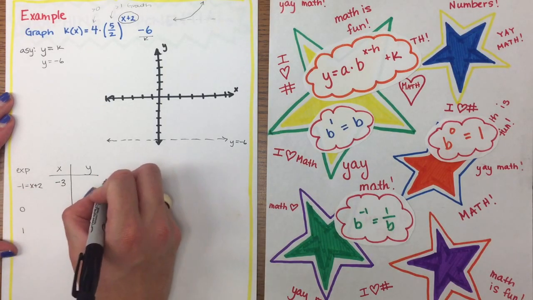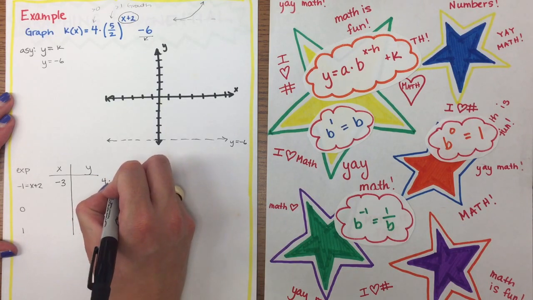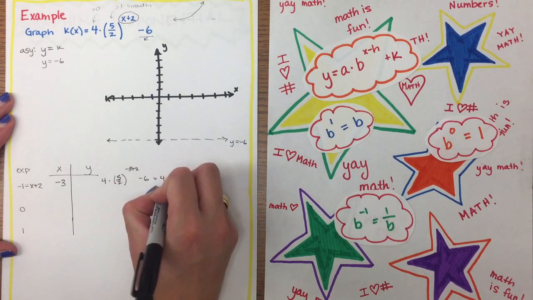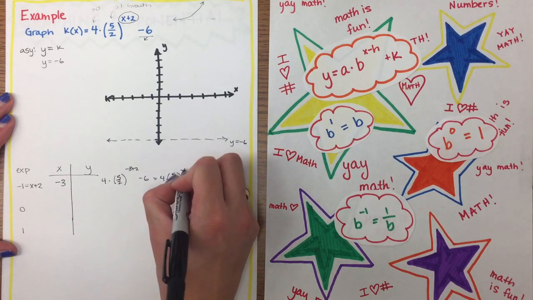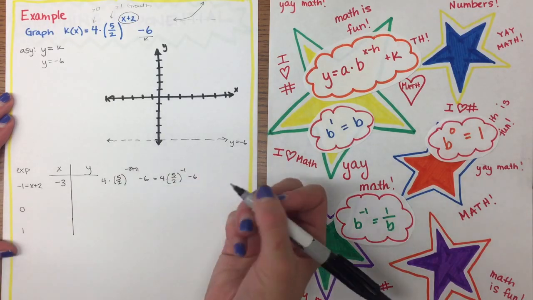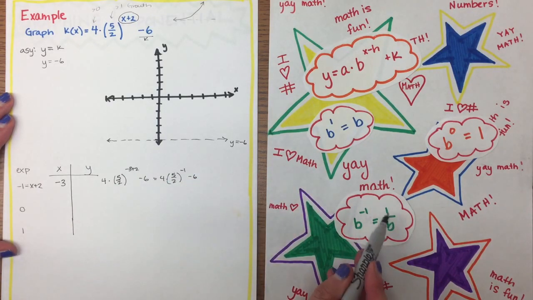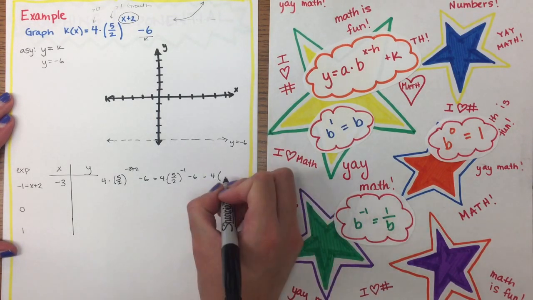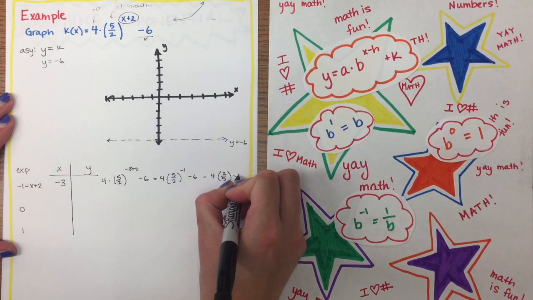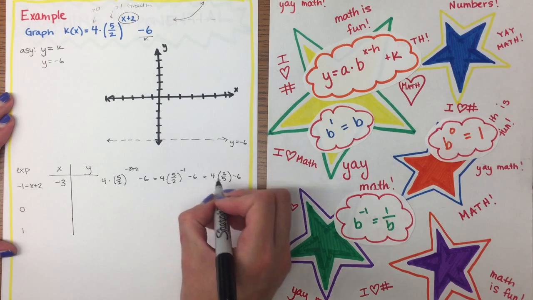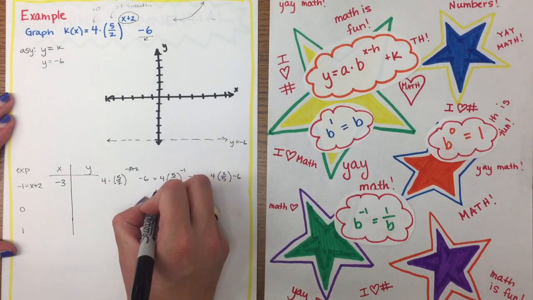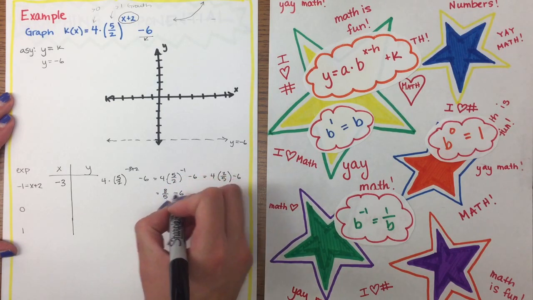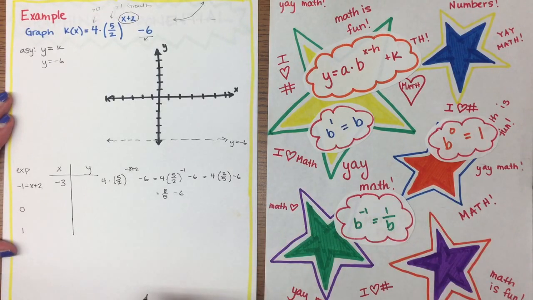To find out what y should be, I'm going to go through the math. So that's 4 times 5 halves raised to the negative 3 plus 2 minus 6, or 4 times 5 halves raised to the negative 1 minus 6. 5 halves raised to the negative 1, we flip that. So that is 4 times 2 fifths minus 6. 4 times 2 fifths is going to be 8 fifths, minus 6.